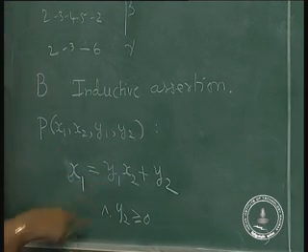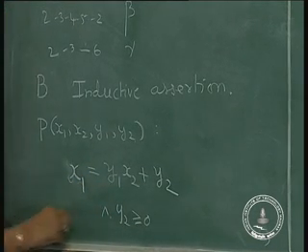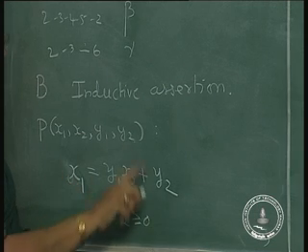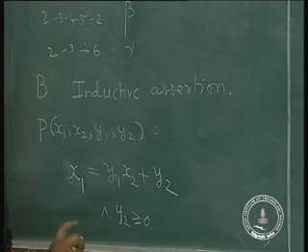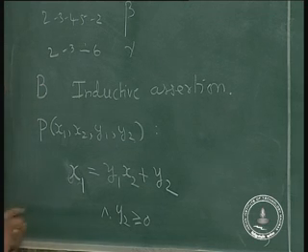This is the condition which should be satisfied by the program variables and the input variables when the control reaches the point P. This is the inductive assertion.